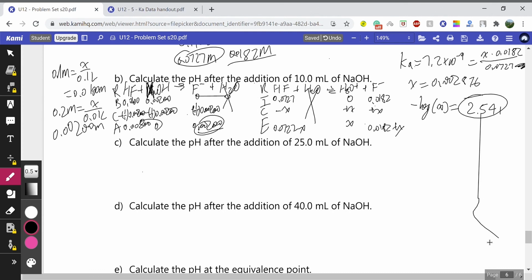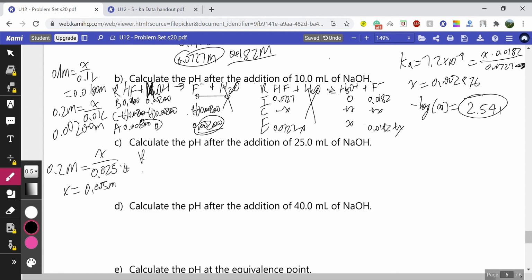Now C is the same thing, except this time we're given more milliliters. So it's going to be 0.2 molar of NaOH from up there in our equation, equals moles divided by 0.025 liters this time. So this is basically 0.2 times 0.025, which gives us an X value of 0.005 moles.